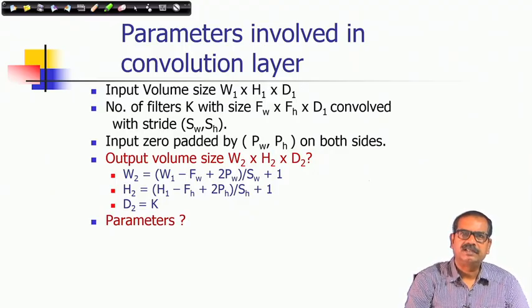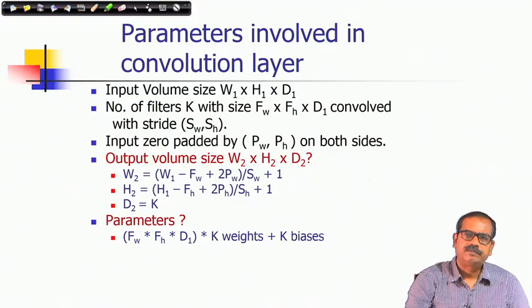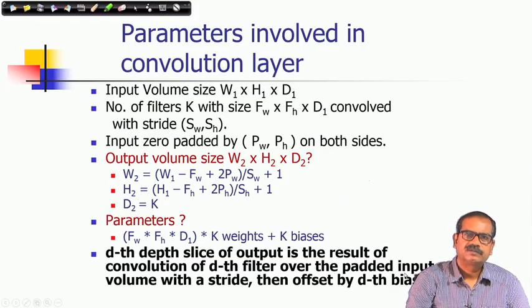We are assuming here that in the convolution layer all the filters are of the same size. So, the parameters are Fw cross Fh cross D1 into k, that many weights, and each neuron could have a bias. So, you can have k biases.